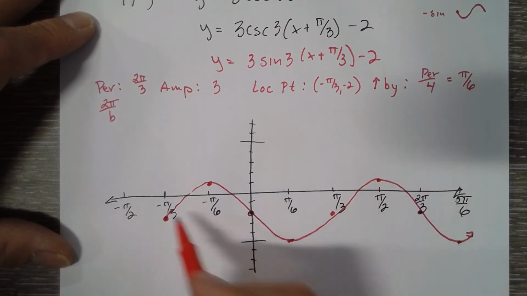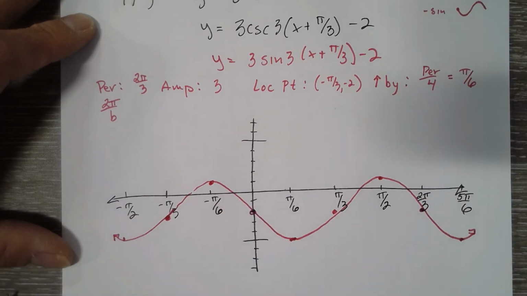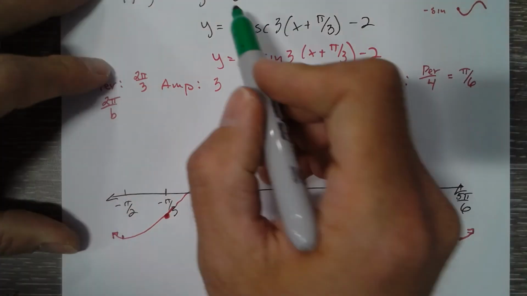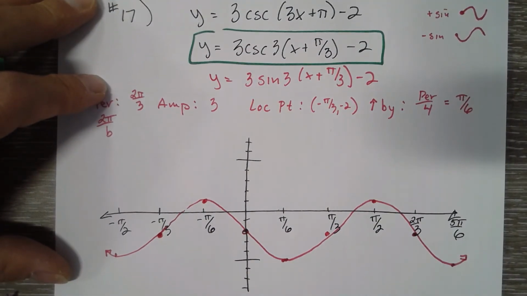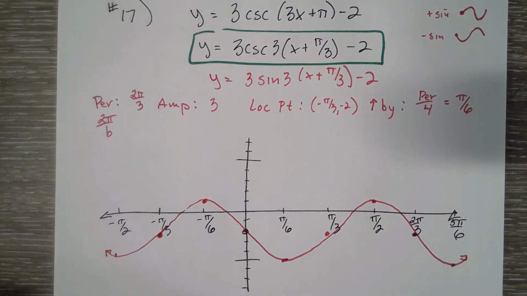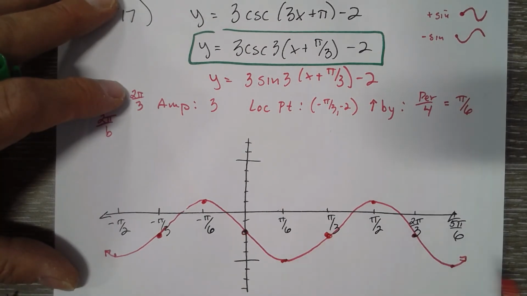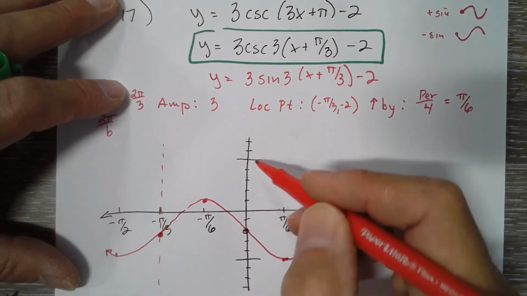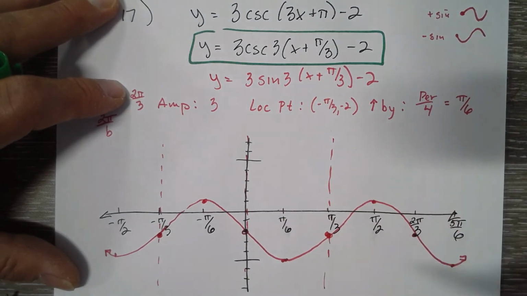Alright, so there's my graph of the sine one here in red. So now if I was going to graph the cosecant one, first thing you want to do is anytime your sine is at the midline, that's where we're going to have an asymptote on the cosecant. So we're going to draw these guys.